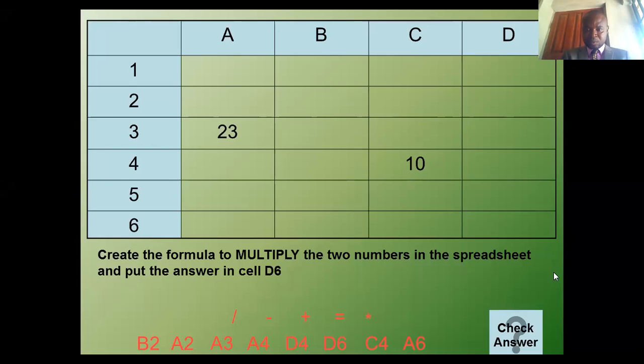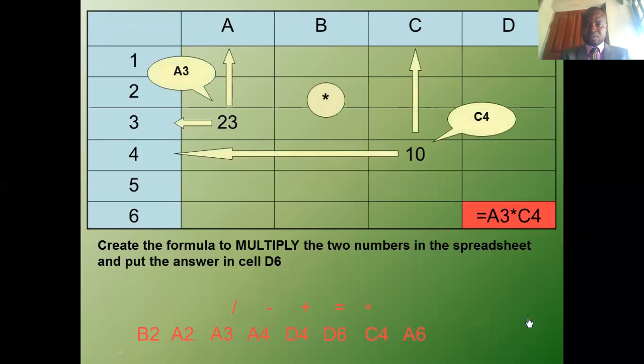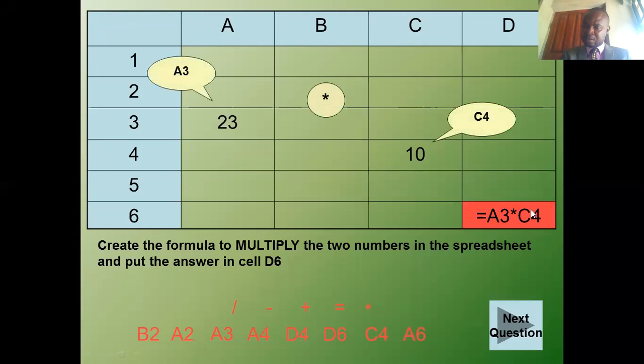The first thing we do is put the equal sign in cell D6 as we have it here, and then reference cell A3, and of course multiply that by cell C3. When you press the enter key, you should have the result, which is 230.